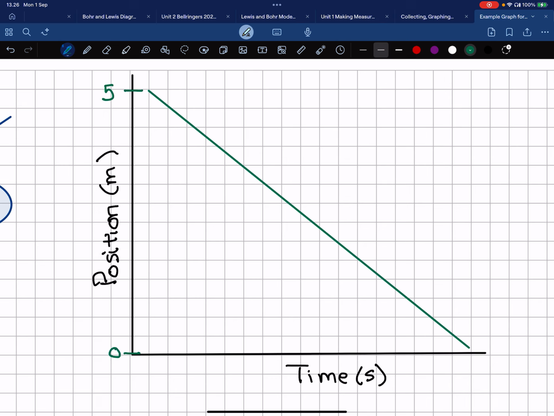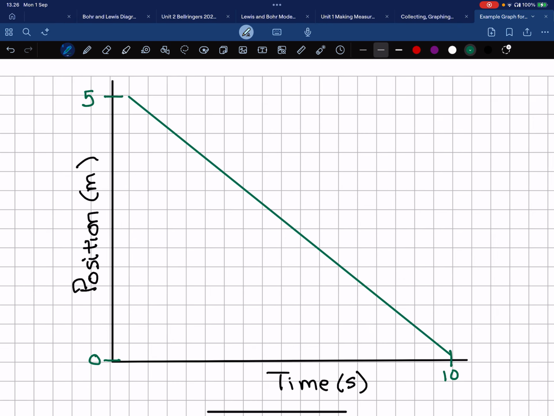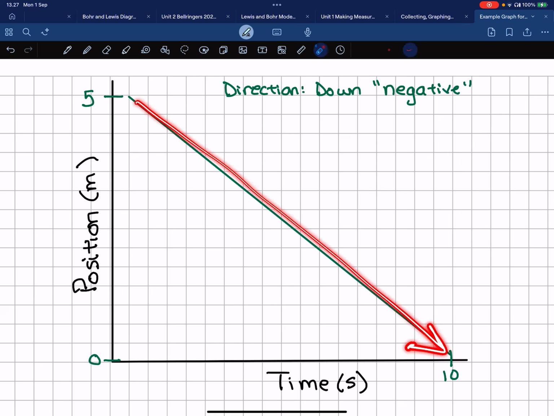And let's say that this is 10 seconds. All right? So what can we say about this slope? The first thing that we can talk about with the slope, of course, is direction. The direction is down. This is a negative slope. Direction is down. That's negative.